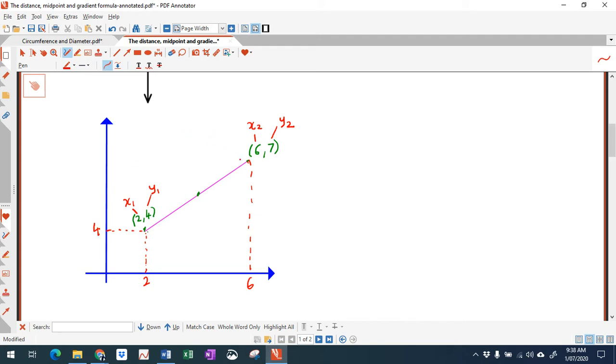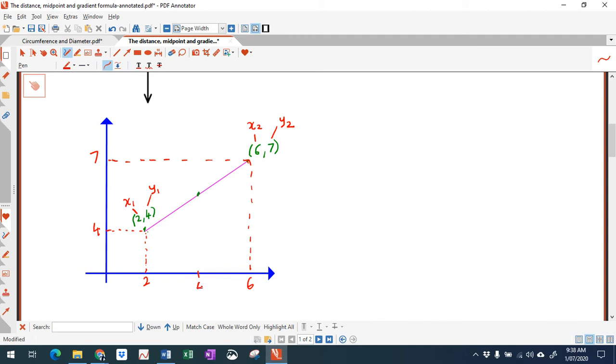And then across, the y value is 7. Okay, now what I want to do is find out the middle of 2 and 6. So the middle is about there. So the middle of 2 and 6 is 4.